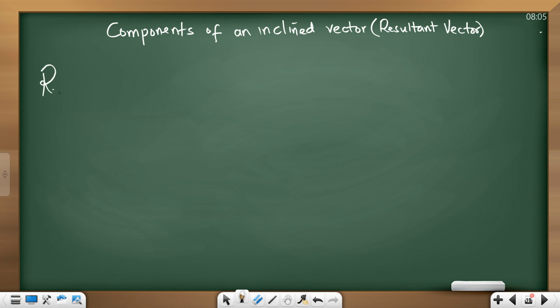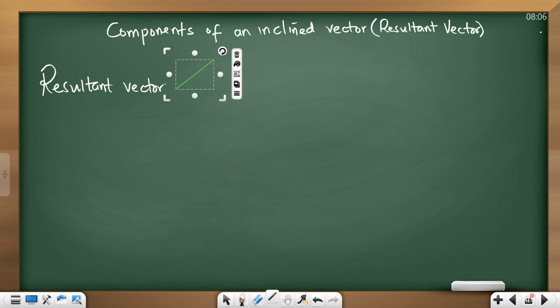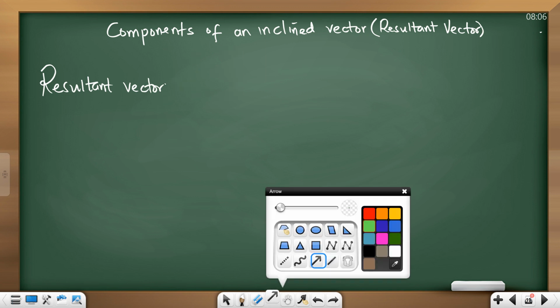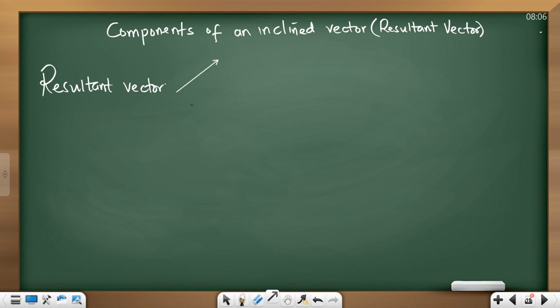So every time you have a resultant vector, this should be changed into a horizontal and a vertical component. So we are quickly going to learn how to do components this morning.